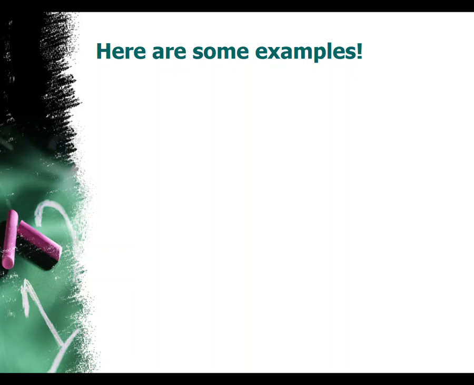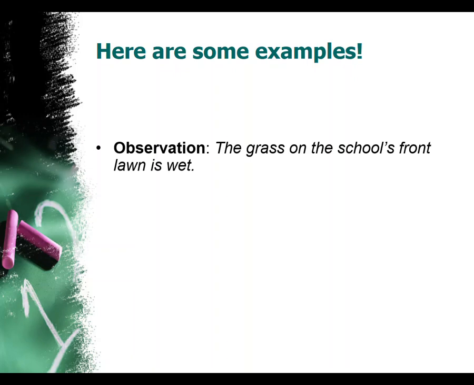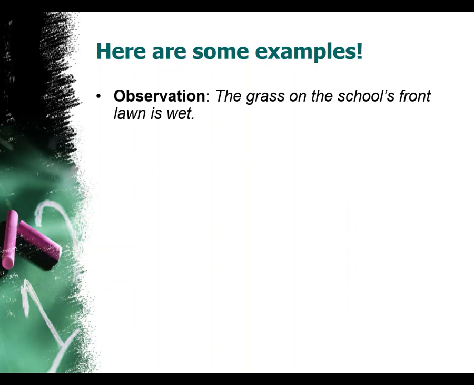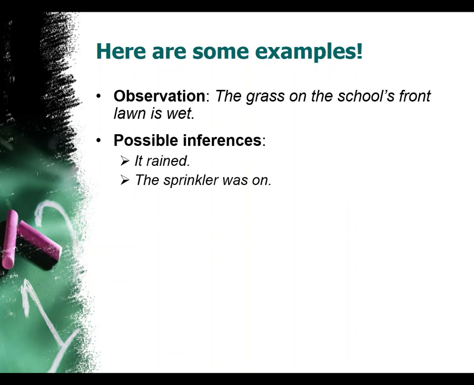Some examples of where we take an observation and then make an inference from it: the grass on the school's front lawn is wet. We have described the condition of the grass. It's wet, an adjective there. That would be a qualitative observation. Now, a possible inference for why it's wet would be, well, it rained, the sprinkler was on, or there's dew on the grass from the morning.